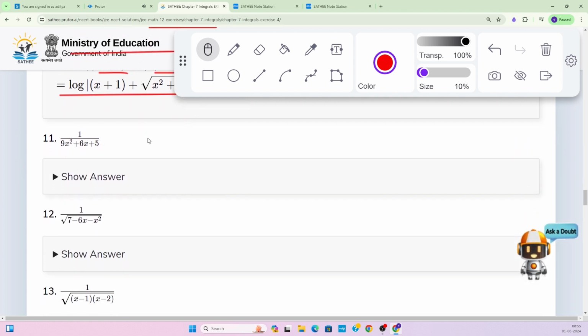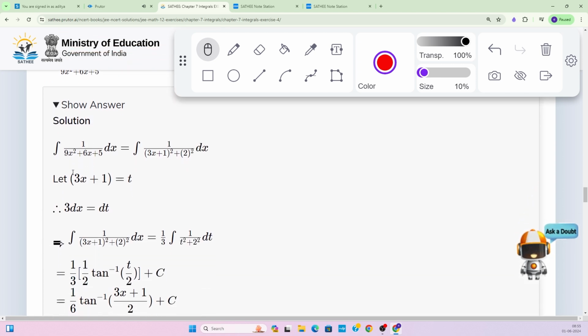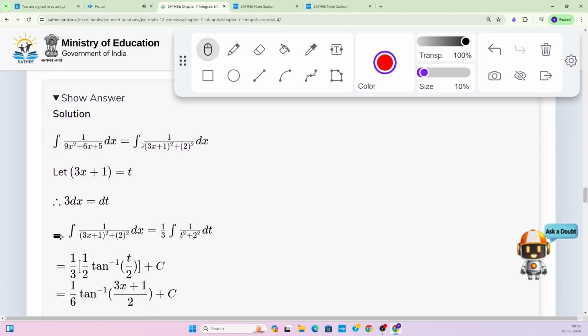Now the 11th problem says integrate 1 by 9x square plus 6x plus 5. So integration of 1 by 9x square plus 6x plus 5 dx, we have to apply the same completing the square method. You will get 3x plus 1 whole square plus 2 square.